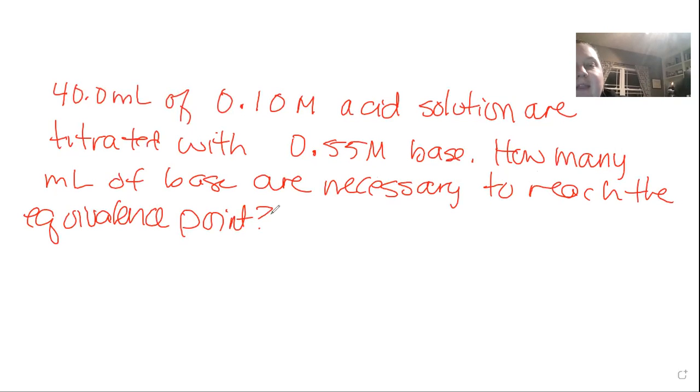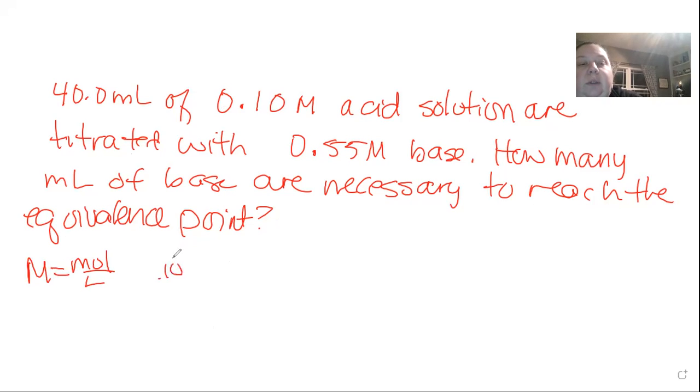So we know that at the equivalence point, the moles of my acid and the moles of my base are always going to be equal to each other. There's two different ways that we can work this out. One is using our molarity equation. Molarity is equal to moles over liters. I know the molarity and the volume of the acid, so I can figure out how many moles of acid I've got.